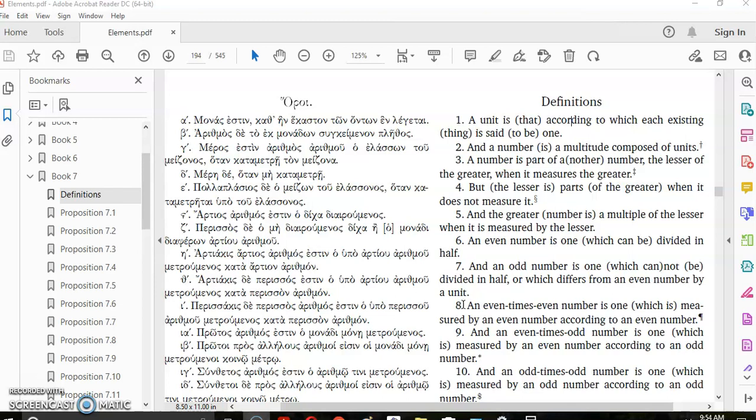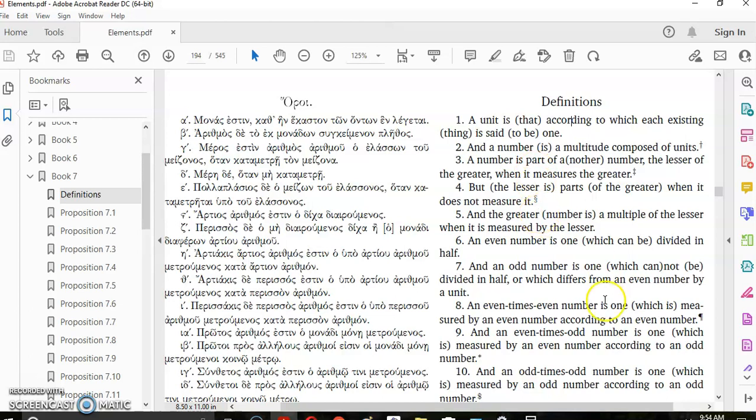So the Greek word for fraction, which is klasma, is in fact totally unnecessary. Because if you look at definition 3, it says a number is part of another number, the lesser of the greater when it measures the greater. And obviously the converse is also true, that a number contains another number, the greater of the lesser, when the greater measures the lesser, okay?